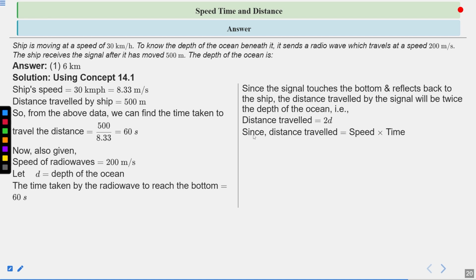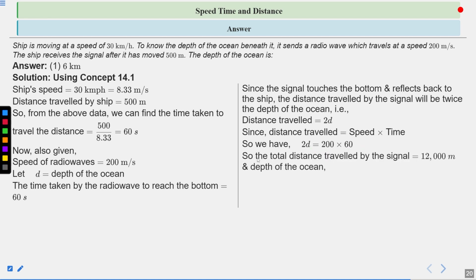Since distance equals speed into time, 2D equals 200 meter per second times 60 seconds. So the distance traveled by the signal is 12,000 meter, because this is the total distance. So D will become 12,000 by 2, which is 6,000 meter, or we can say 6 kilometer. So the first one is the correct answer of this question. Next one.